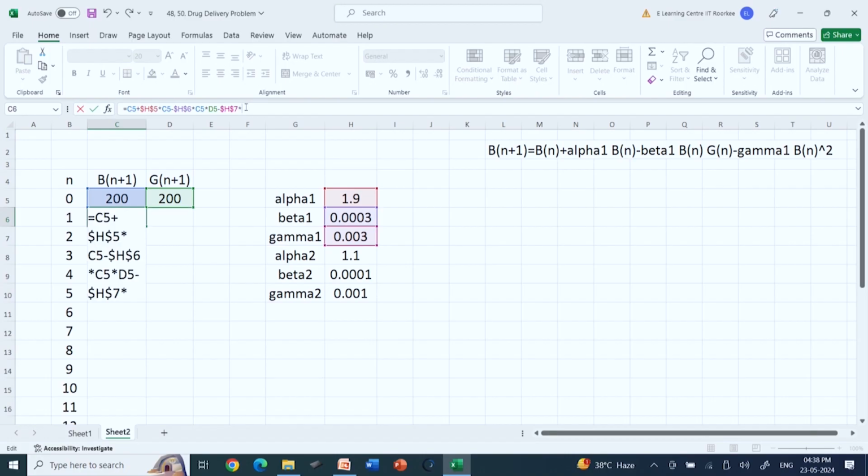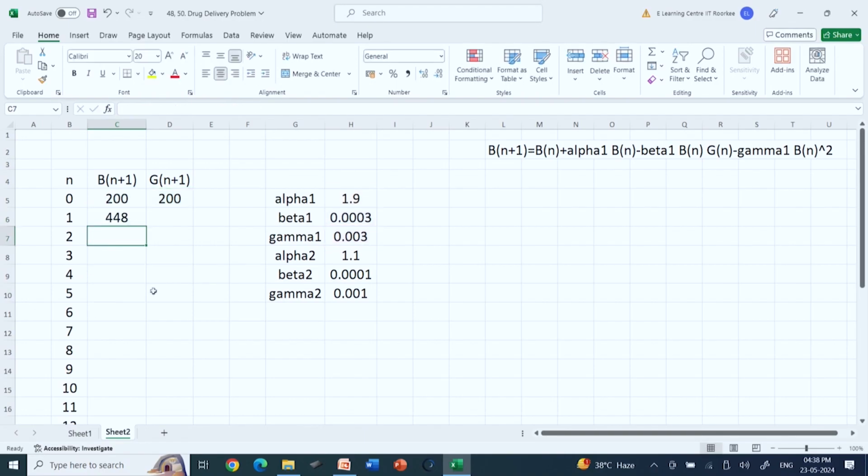So, I put a dollar, multiplied by Bn square.